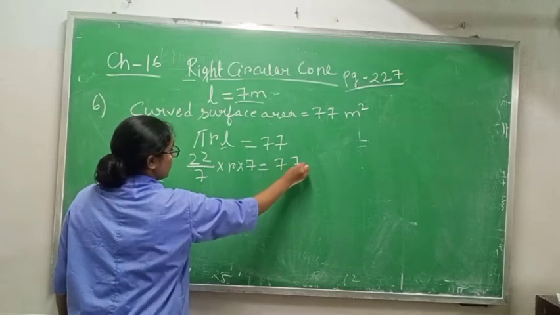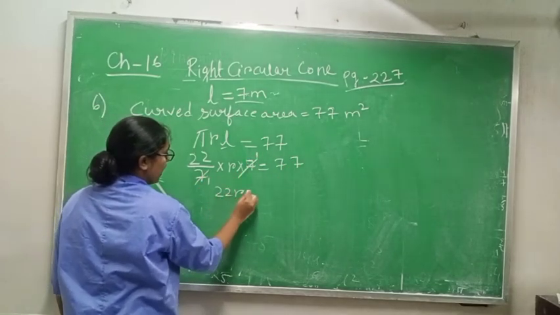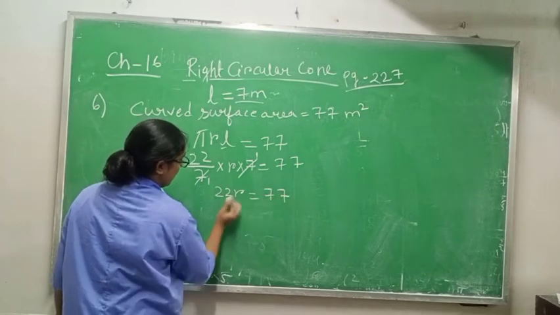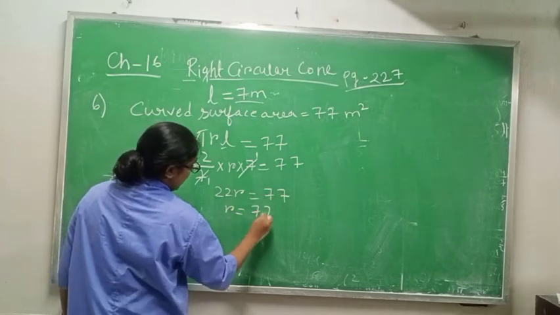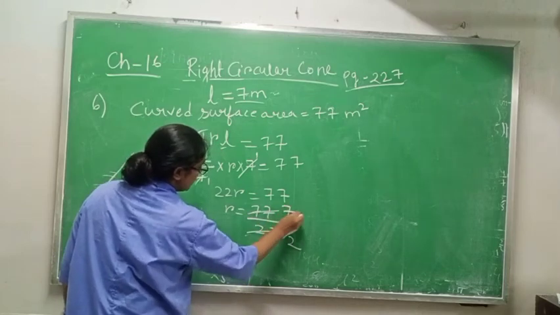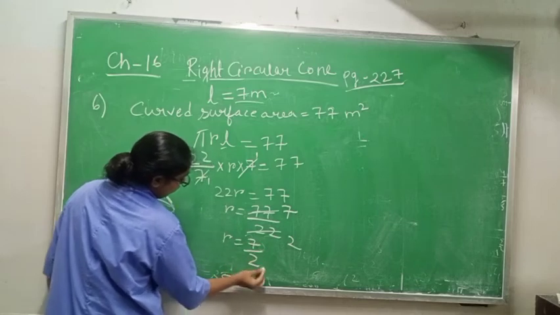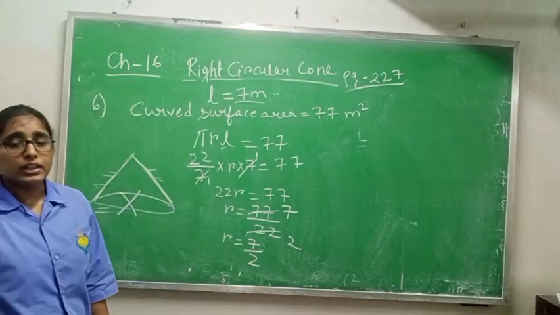So 7 ones are 7, will cancel. You are getting 22 r equals 77. r equals 77 by 22. 11 2s are 22, 11 7s are 77. r equals 7 by 2. Okay. So r value I am getting 7 by 2.